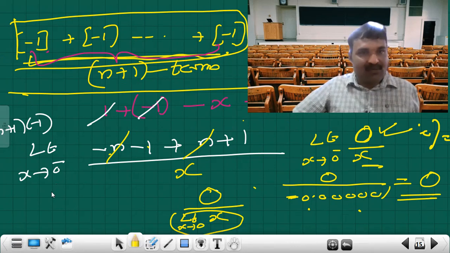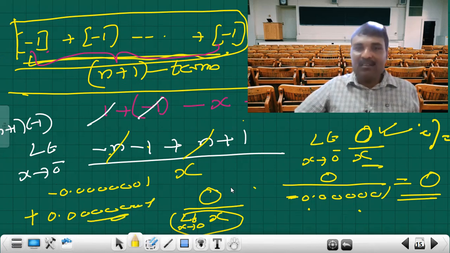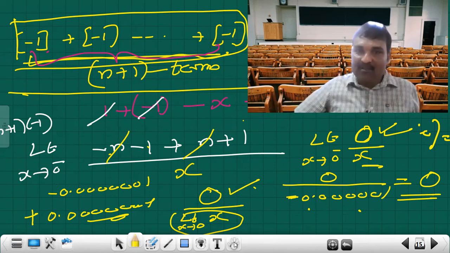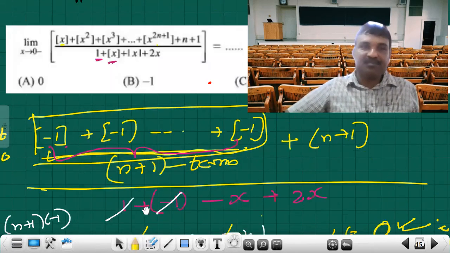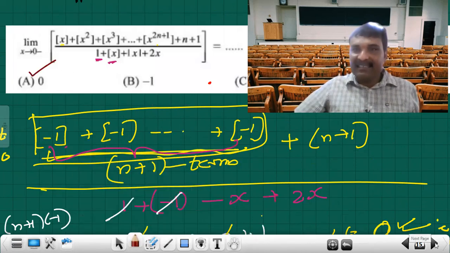If we are approaching from the left-hand limit, it is minus 0.00001, very close to 0, but the numerator is exact 0. So this is not 0 by 0; it is exact 0 divided by the limiting value of 0. So the answer is 0. Which is our correct option? The correct option is A. I think this is clear.